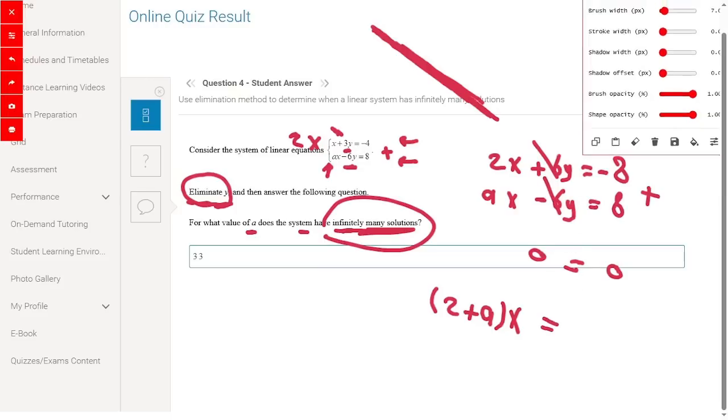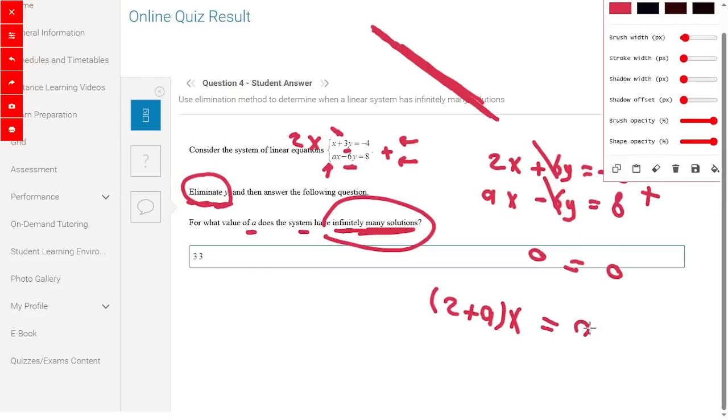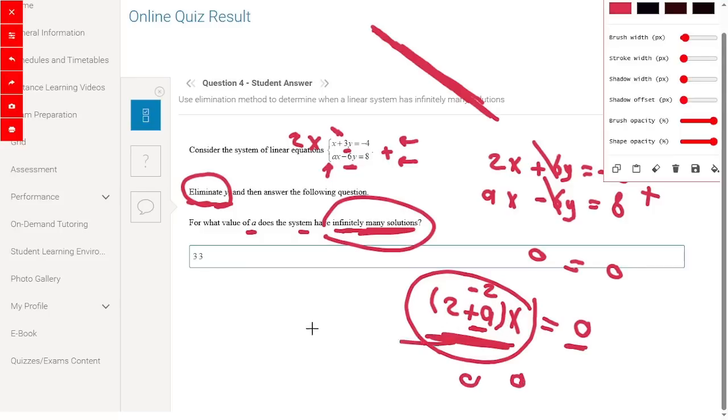And equals minus 8 plus 8, which equals 0 also. So this side is 0 and this side has to be 0. How can I make this side 0? That means a has to be minus 2, because 2 minus 2 equals 0, so 0 multiplied by x is 0. So a will be equal to minus 2.